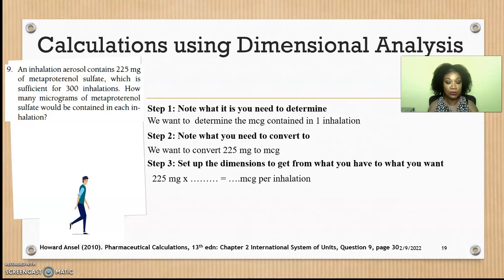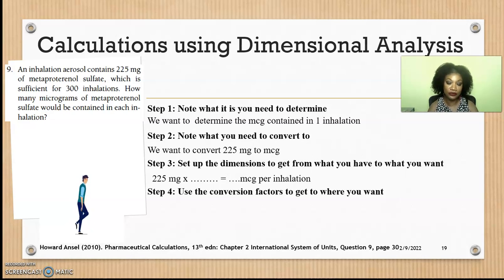We don't know what that amount is, but it surely must be micrograms per inhalation.